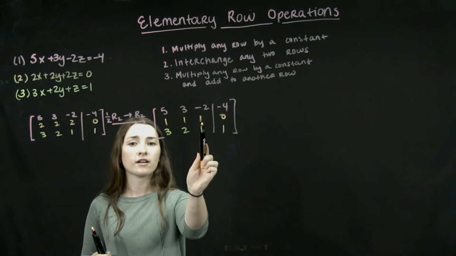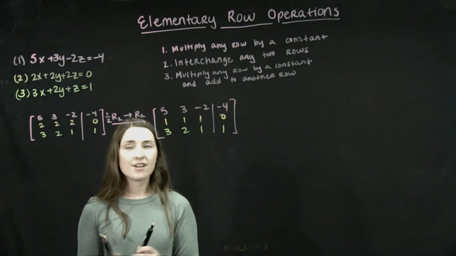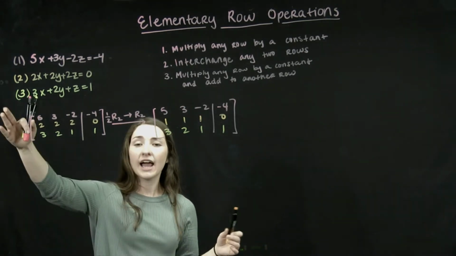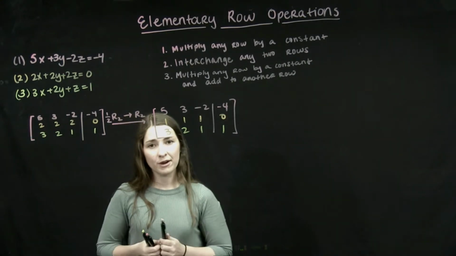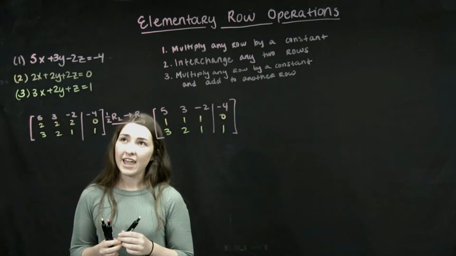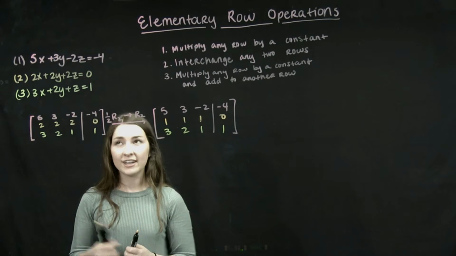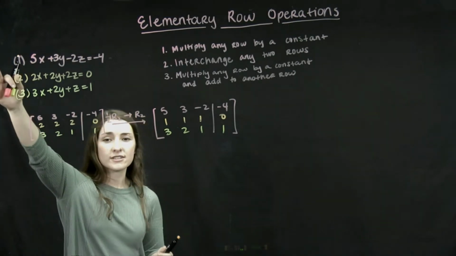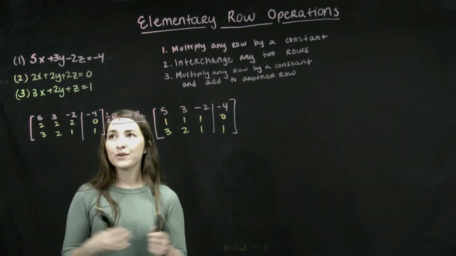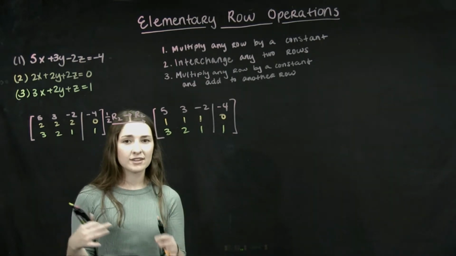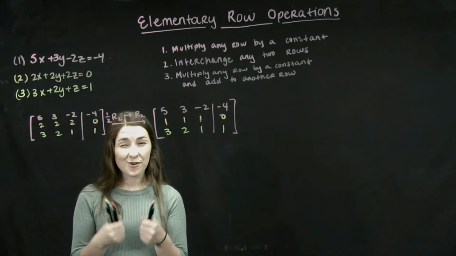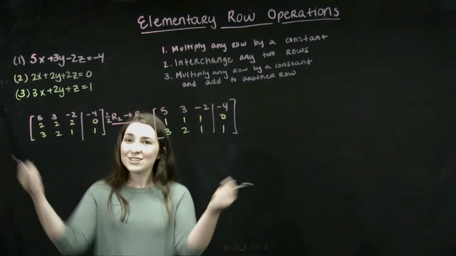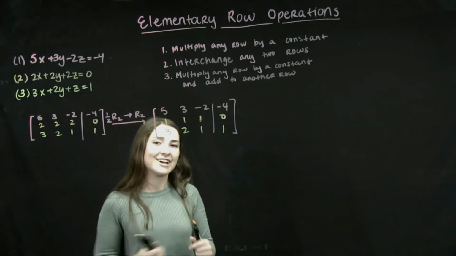So we haven't changed anything about the integrity of this linear system, which is the most important thing to remember about elementary row operations: it doesn't affect the integrity of our linear system at all. All we're doing is manipulating it, trying to find the answer, but we're not changing anything about the linear system at its core.